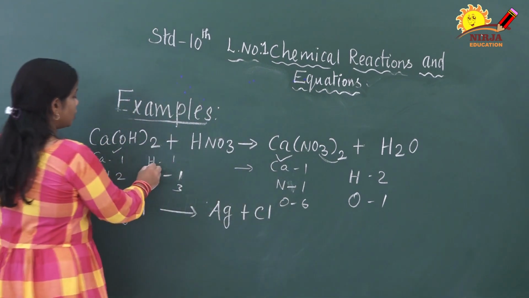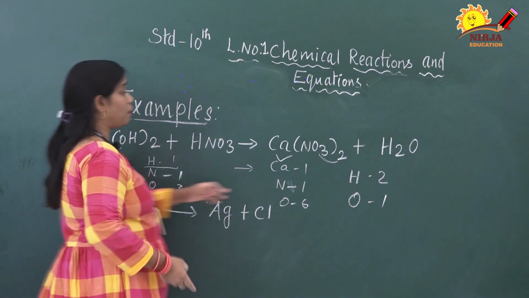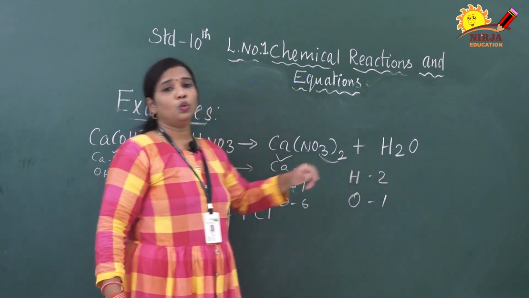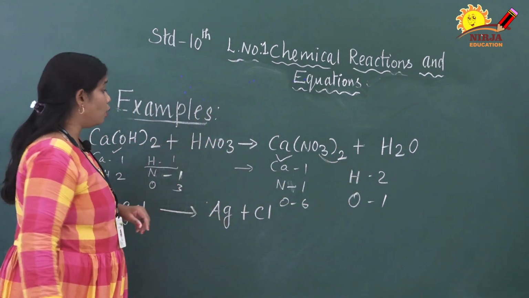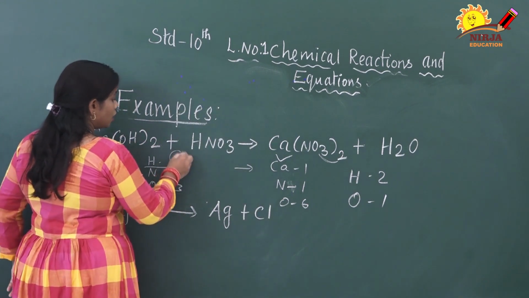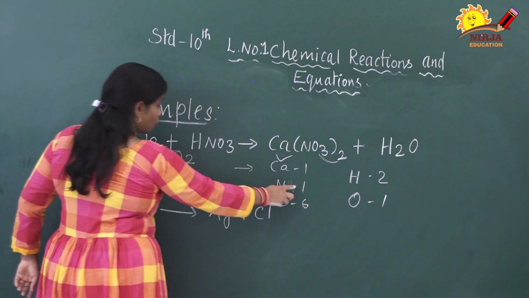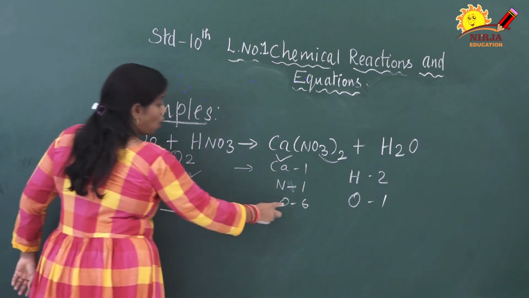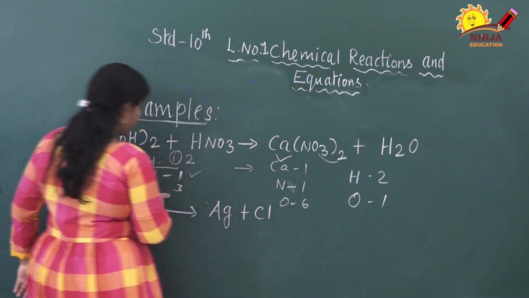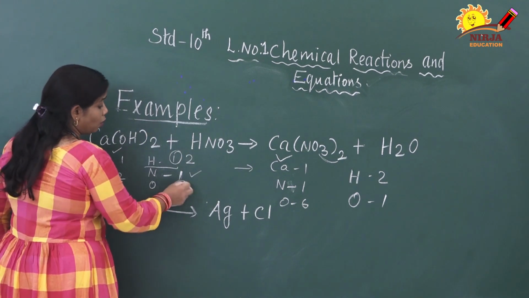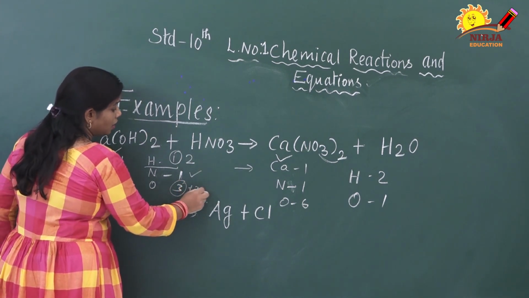Here the hydrogen is 1 this side, but product side we are getting 2. So we have to change this also 2. Right. Next nitrogen is 1, here also 1. But oxygen is 6 here, but 3 here. So we have to add another 3.